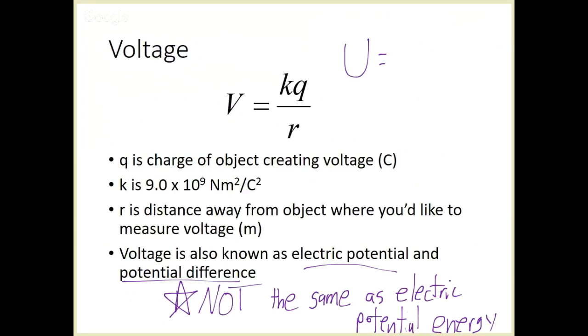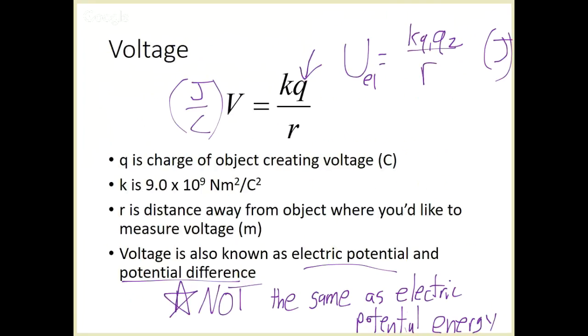The electric potential energy between two objects is k q1 q2 over r. Just r. The force is k q1 q2 over r squared. But the voltage is going to be in joules per coulomb, so I have one less q on top.